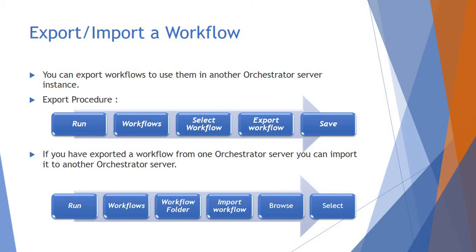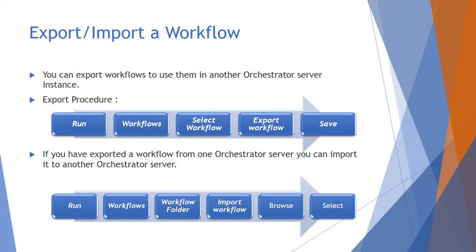Browse the workflow you want to export and right-click that workflow. Select Export Workflow. Browse to locate the folder in which you want to save the workflow and click Save. The workflow is saved as a .workflow file.